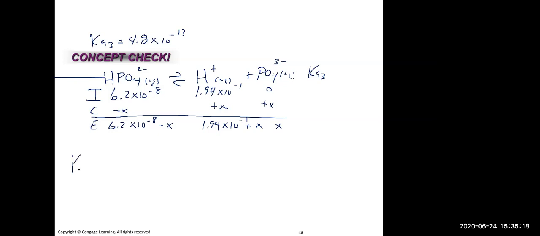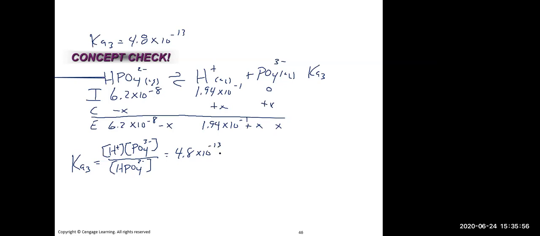And that's going to be Ka3 equals our products, which is our H plus times our phosphate, divided by our reactant, and again, that's going to equal 4.8 times 10 to the minus 13.